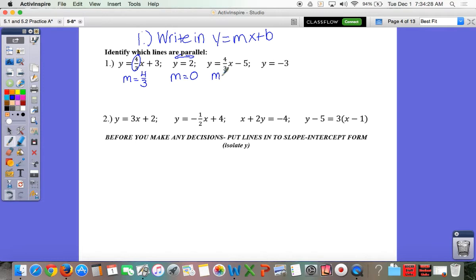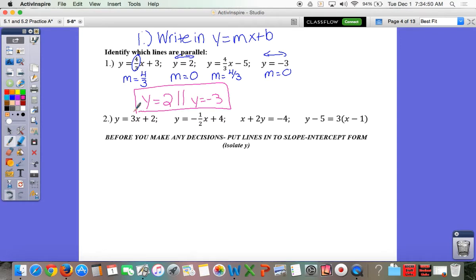Here, this is already in form. This has a slope that's 4/3. And another horizontal line, so we have another m equals 0. What do we see about our horizontal lines? They're parallel. So I'm going to go ahead and say that y equals 2 is parallel to y equals -3. That's my first one.